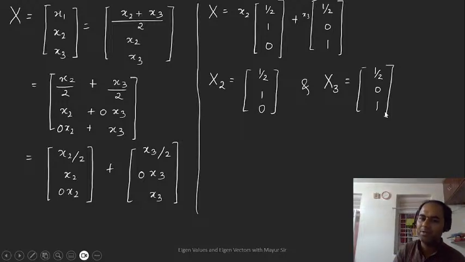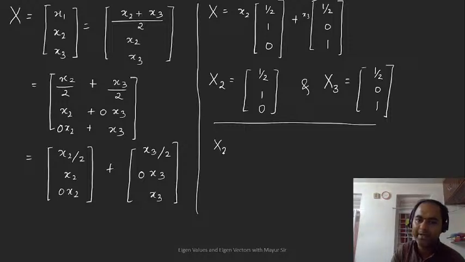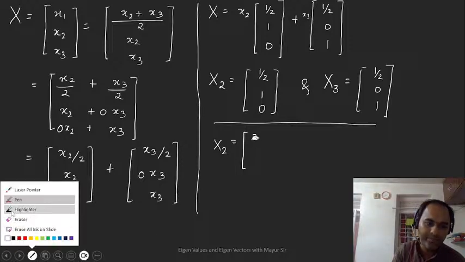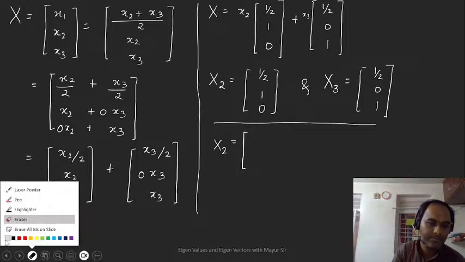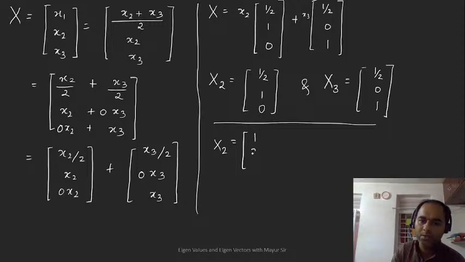A student can also say, sir, my vector is this: you double the vector, put x2 equal to 2, so you get 1 2 0, and in x3 also you put x3 equal to 2, so you get 0 0 2.